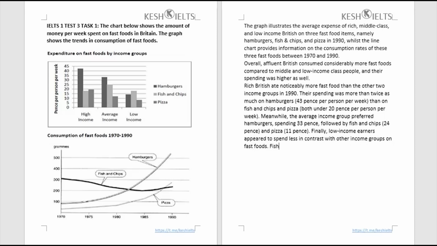Fish and chips were their favorite fast food item. Or we can just say fast food, followed by hamburgers and pizza.